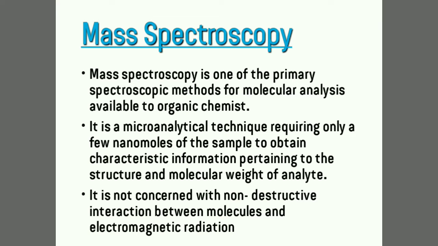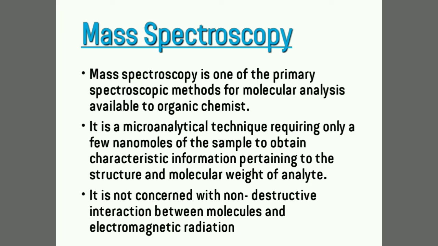Mass spectroscopy is one of the primary spectroscopic methods for molecular analysis available to organic chemists. It is a microanalytical technique requiring only a few nanomoles of the sample to obtain characteristic information pertaining to the structure and the molecular weight of the analyte.